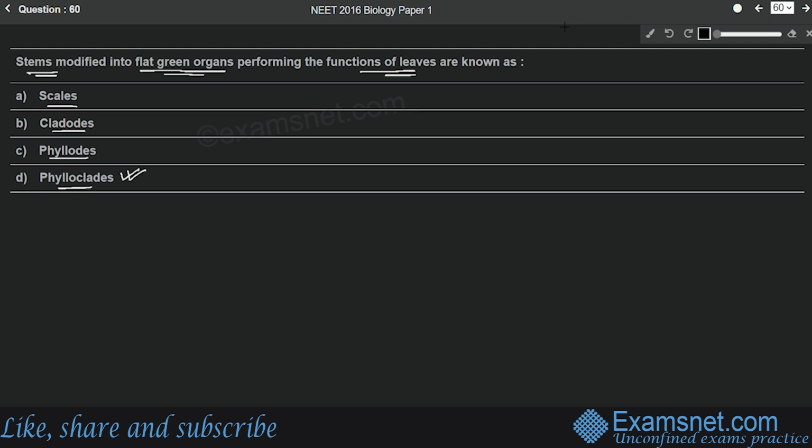Okay, it is found in opuntia, and we know that phyloclades are nothing but the stems which have been modified into green leaf-like structures. Okay, so they resemble leaves, and they contain chlorophyll. Therefore, they perform the functions of leaves, right? So option D will be the correct answer.